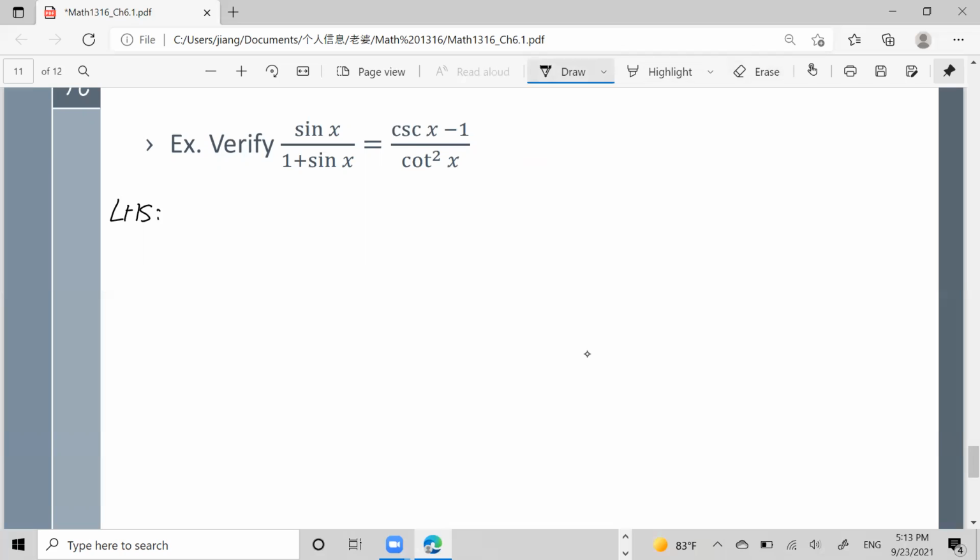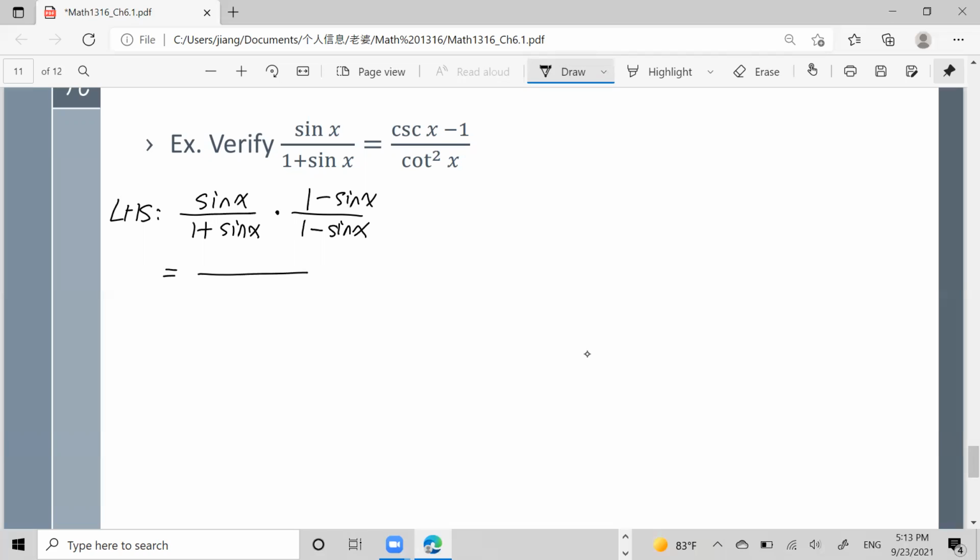So left hand side equals sine x over 1 minus. This is a fraction. We don't like fractions. We need to convert it to an expression without the denominator. So I'd like to multiply by its conjugate, which is 1 minus sine x. So the top must also multiply by 1 minus sine x.